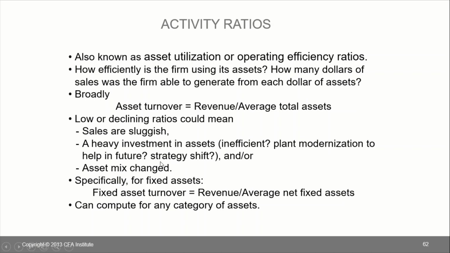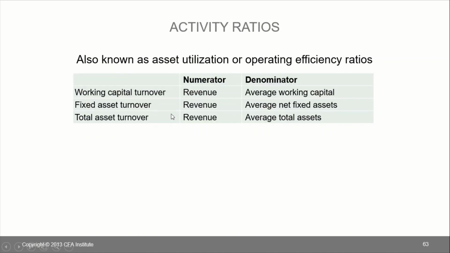There should be a strategy shift and an asset mix change, specifically for fixed assets. And it can actually be computed for any category of assets. So these activity ratios are very much applicable to any category of assets.